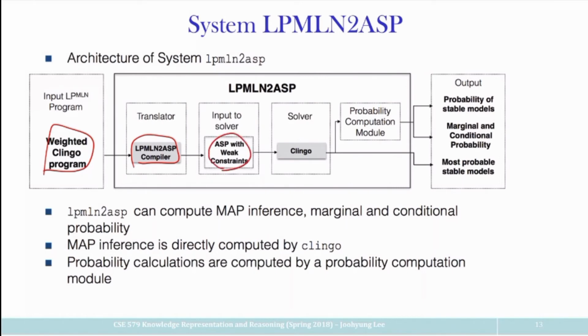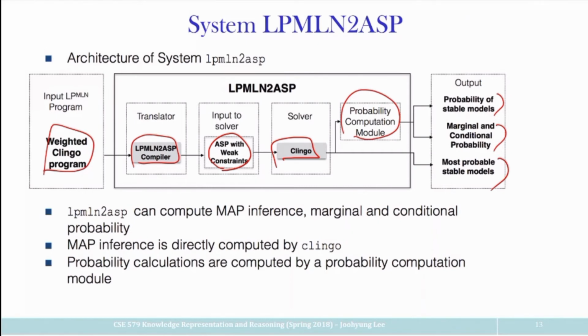Then you call the ASP solver. Actually, Clingo is called. There's a post-processing module which looks at the onset atoms, extracts the weight and does the probability computation. The output can be used for 3 different things. You saw it can be used for computing the probability, as well as enumerating all the stable models and looking at their probabilities.